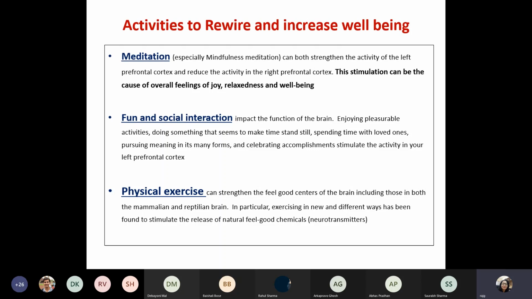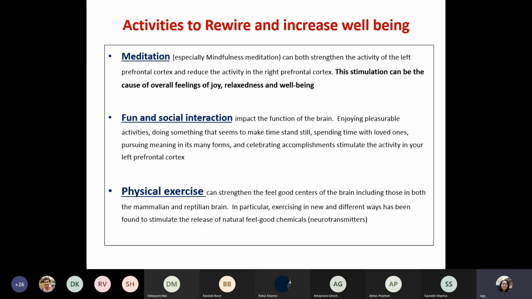You interact more with people, you interact more with nature. This is our genetic propensity to feel good. We interact with the environment around us.